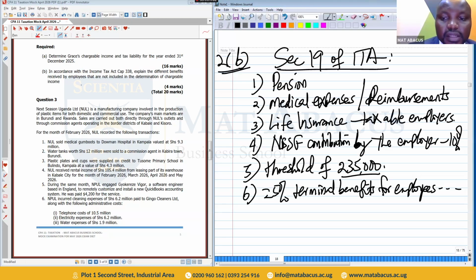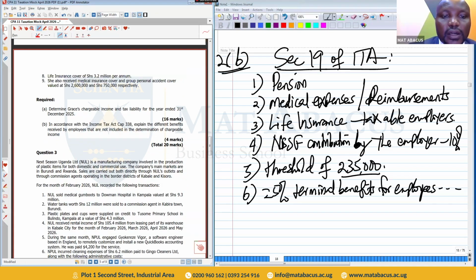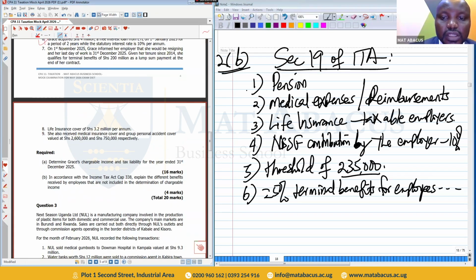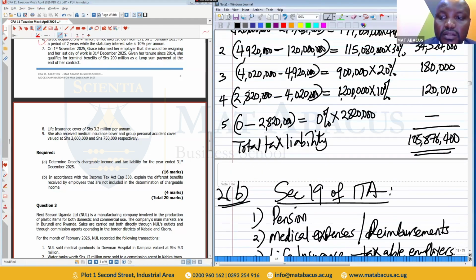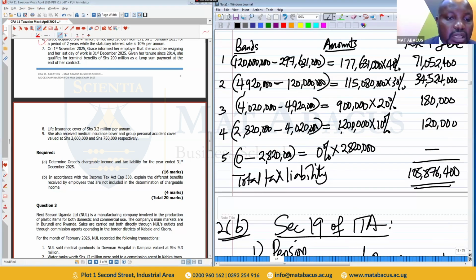So this is what the examiner expected you to answer for this question. What you also need to note is that in the new amendments, the Parliament of Uganda is in the process of approving the new changes for different taxes. And among them is tax bands. They will be changing them. And once approved by the president, they will be effective 1st July 2026.